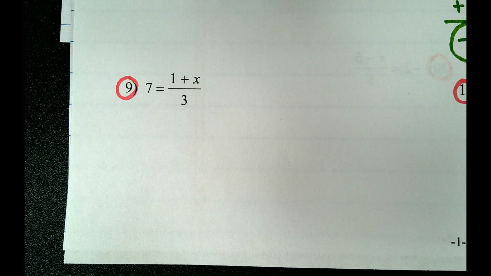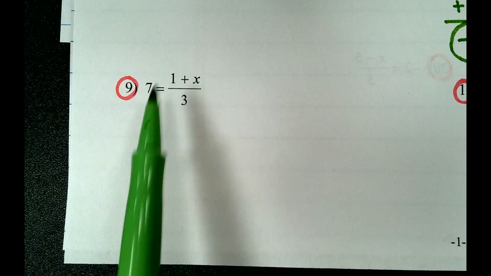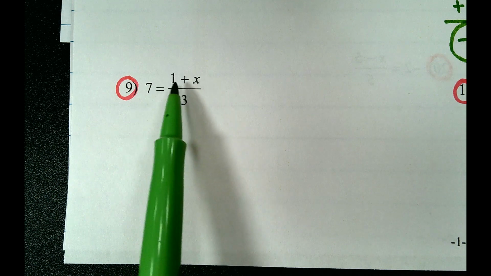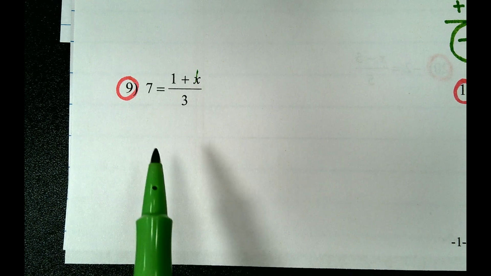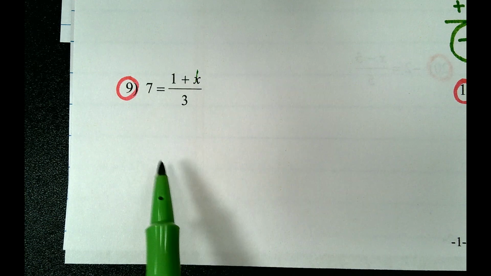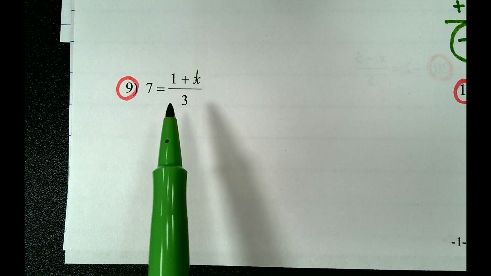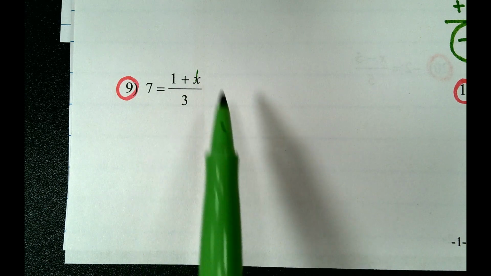You gotta subtract. Subtract 1? Yeah. So normally, yes, you would subtract 1. But this is one of those exception problems because this whole side of the equation is a fraction, isn't it?